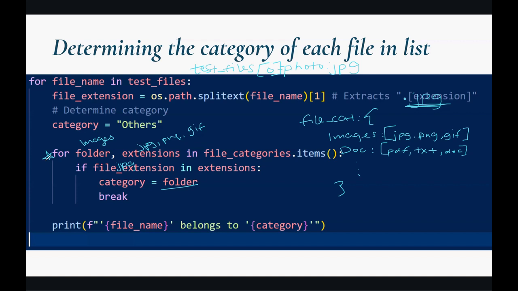And it indeed is. Cool. So this evaluates to true. So this happens. And this being our folder name, which is images, is going to be assigned to the category of our current file. So we will break out of this inner loop and print that photo.jpg belongs to images.